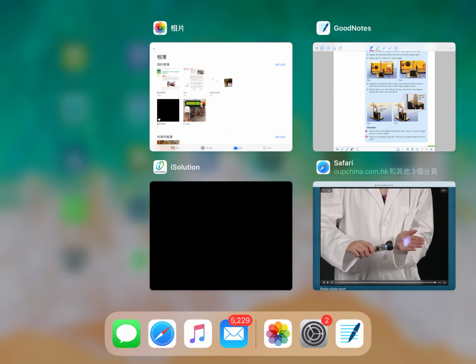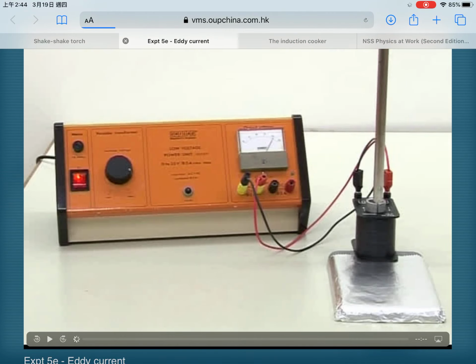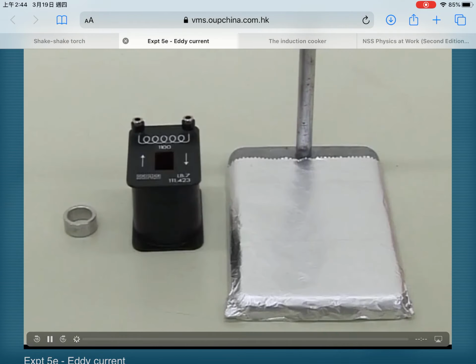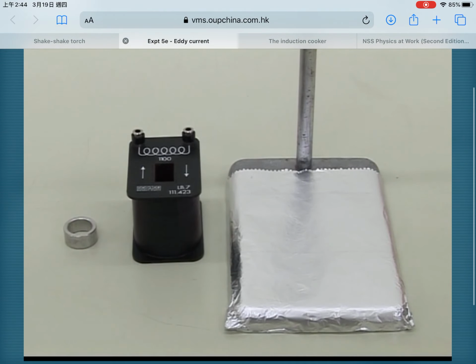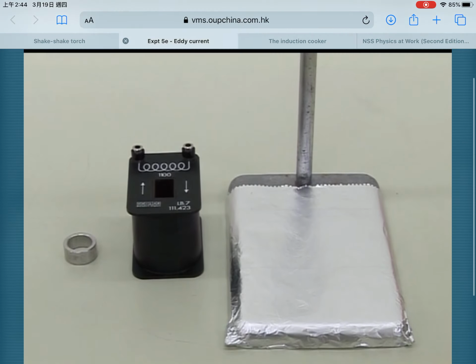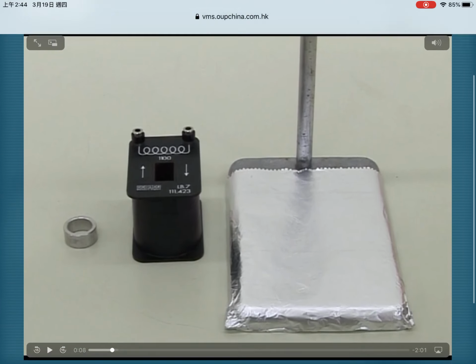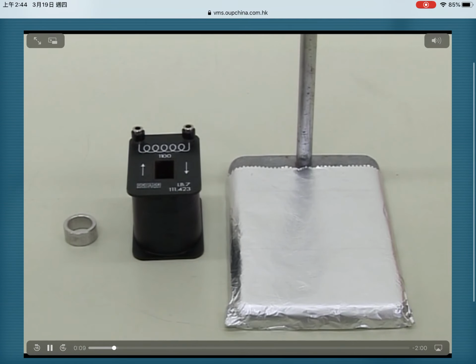Okay, maybe we look at the video first. We will study the effects of eddy current induced in a piece of metal when the metal is placed in a changing magnetic field or moves in a magnetic field.